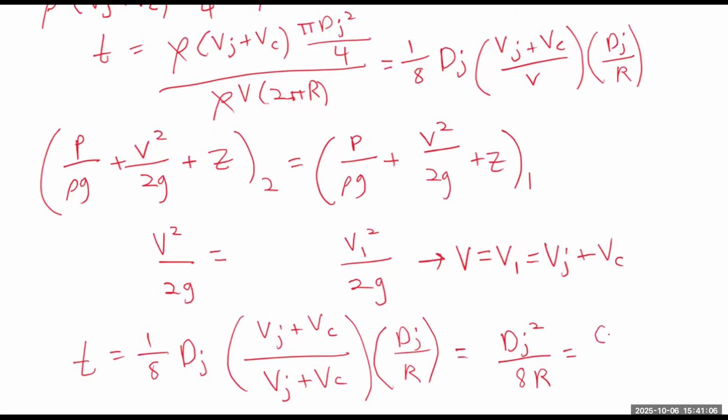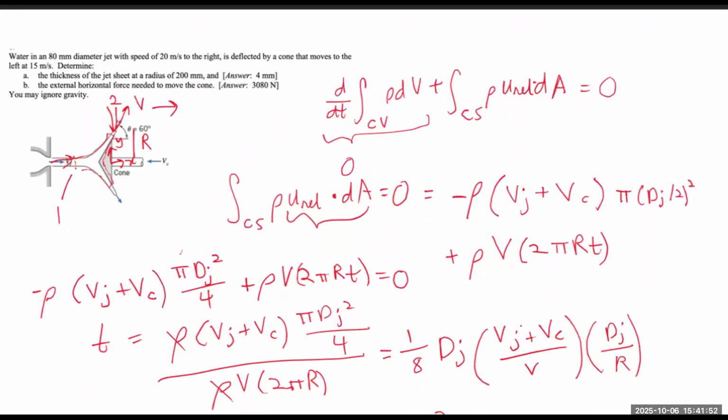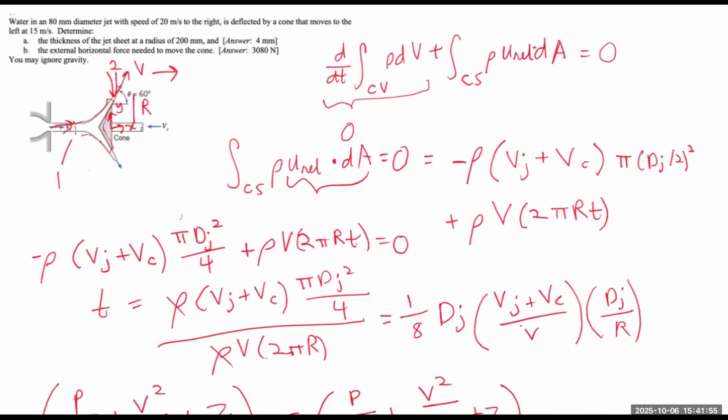So this is 0.08 meters squared over 8 times 0.2 meters. If we calculate this out, we get that T is equal to 4 times 10 to the negative 3 meters, or 4 millimeters. And that matches the value we were supposed to get.